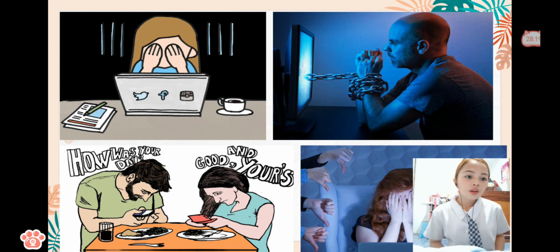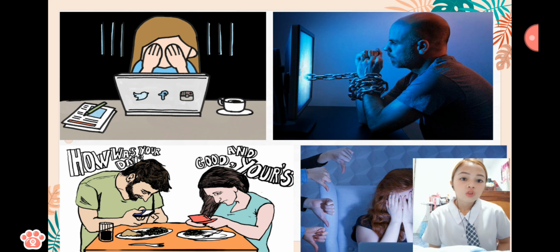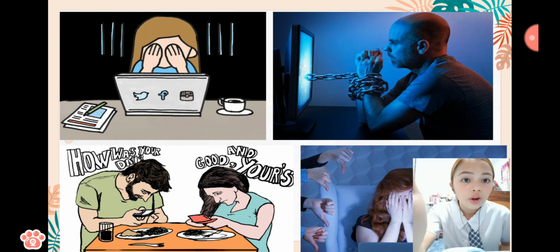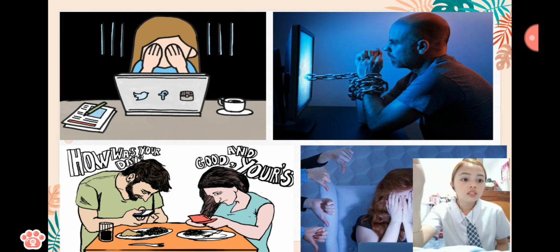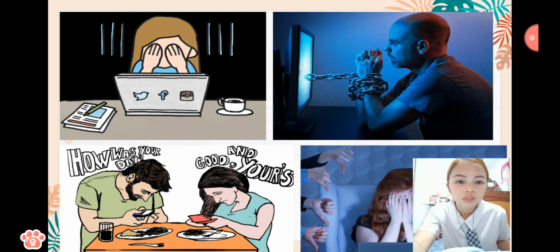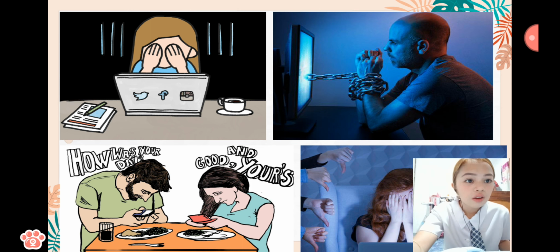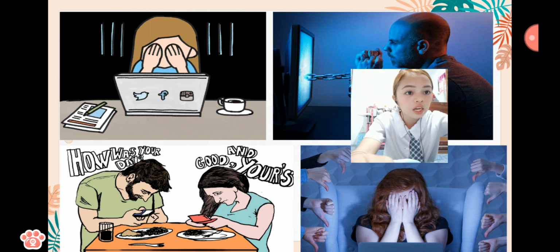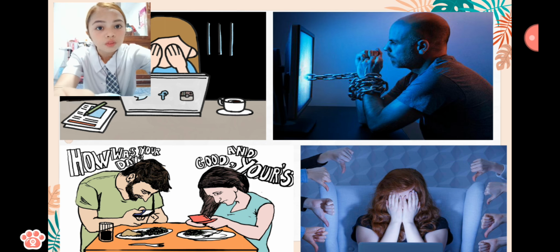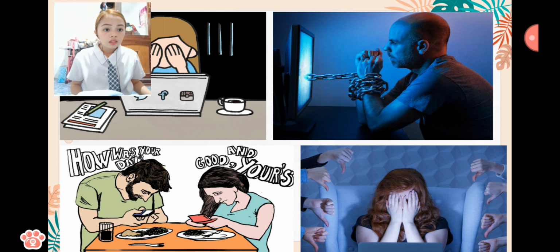So this picture shows the negative effects of using social media. Here in the first, the girl tends to isolate herself. Next, we have the other one, wherein the man secludes himself with the computer.